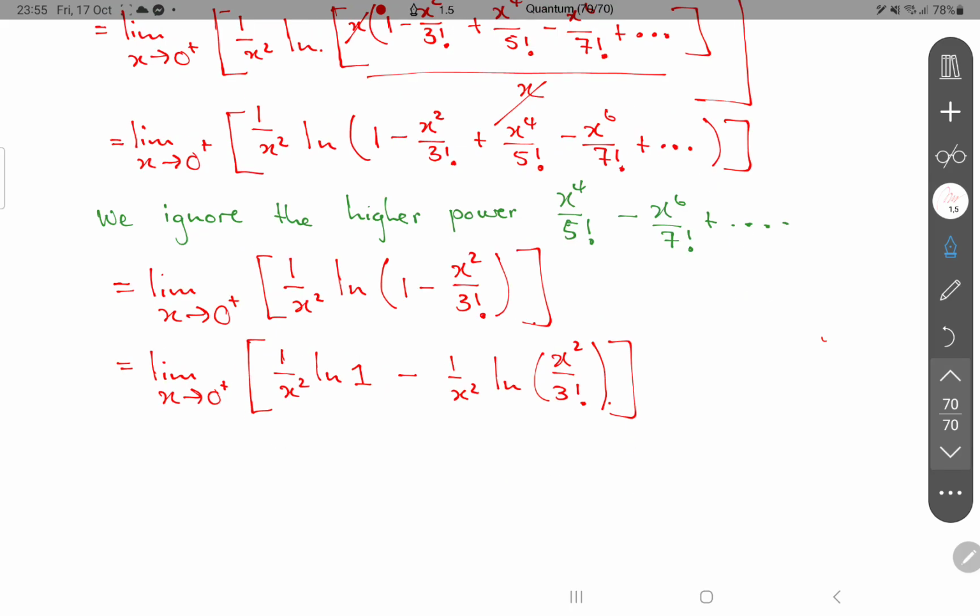But we all know that the natural logarithm of 1 is 0. So the limit as x approaches 0 is only negative 1 over x squared times the natural logarithm of x squared over 3 factorial. That's what we are going to have now.